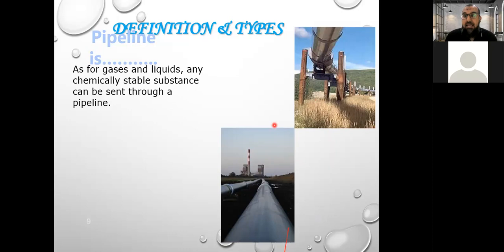But what is pipeline? This is another definition. If you hear the word pipeline, you will understand this is a very huge, long distance of pipe. It's not a pipe now, it is pipeline. It carries the fluid from country to country over kilometers. This is a long distance, so it is pipeline. It can be above ground, like you can see in the photos now. This is all above-ground pipeline. It can also be underground.